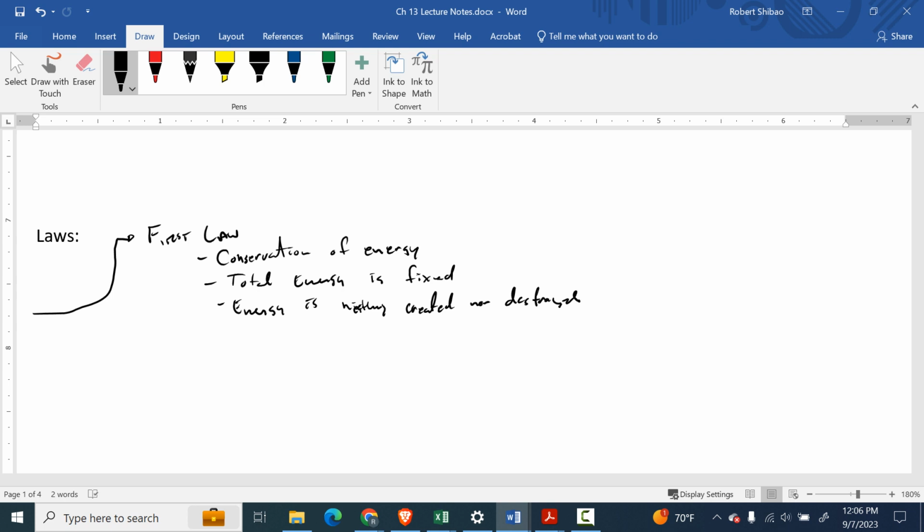These statements have to be modified a little bit, because we have this relationship between energy and mass. So there could be mass-energy conversion.